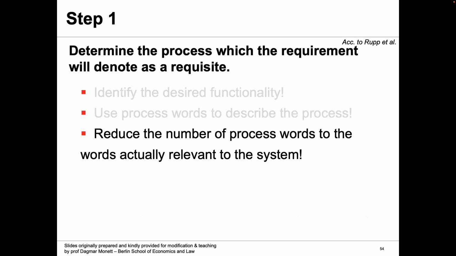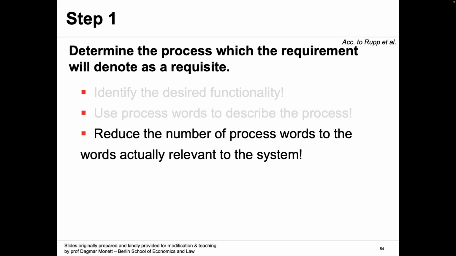Sometimes, like in our English writing, we use a lot of verbs which have more or less the same meaning. But when you're writing the requirements, just be careful to stick with one verb that gives the meaning that you want to provide, like the functionality.